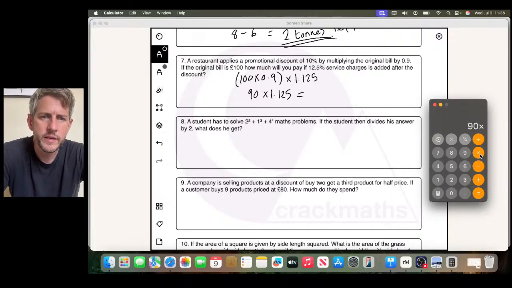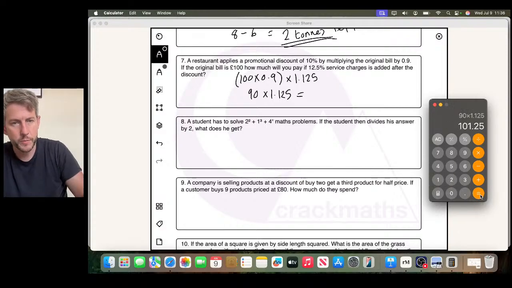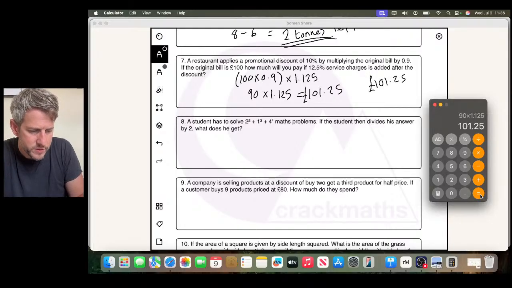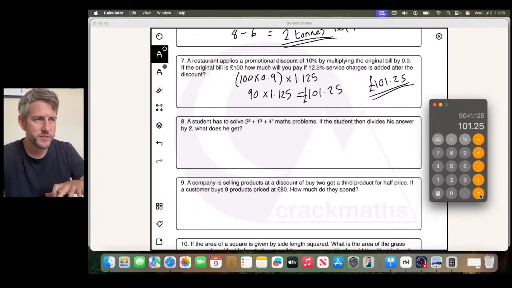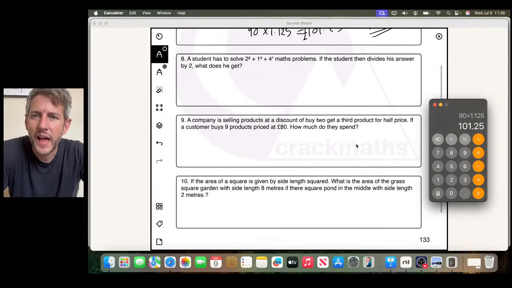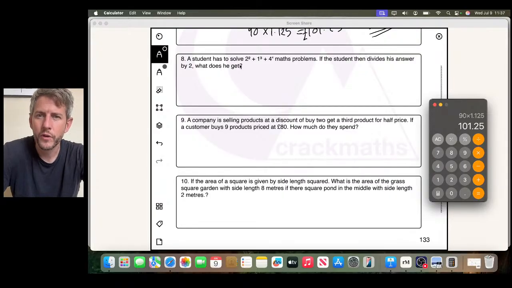So 90 times 1.125, and that is going to be £101.25. There you go. I'll write that here. £101.25.